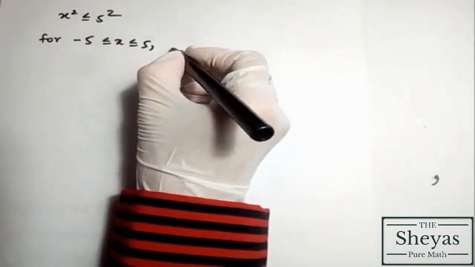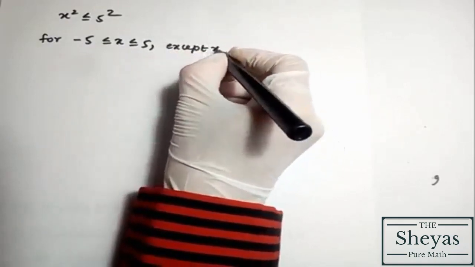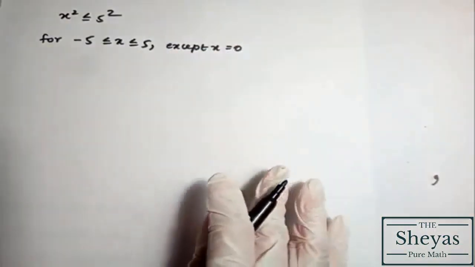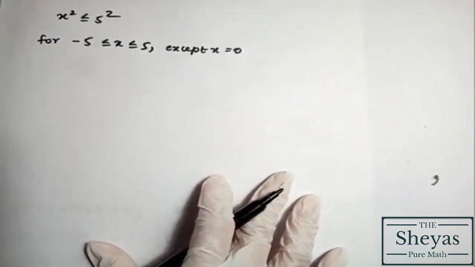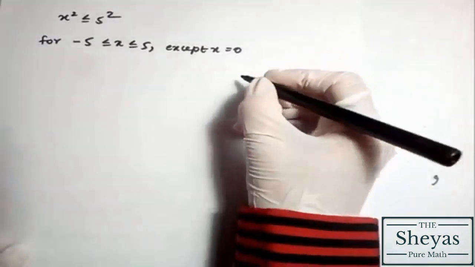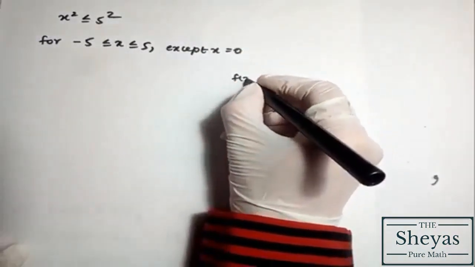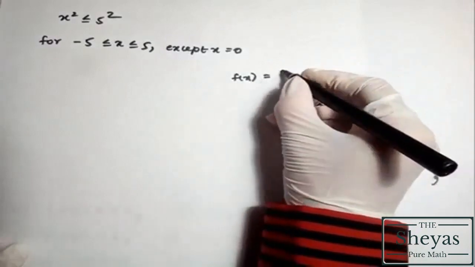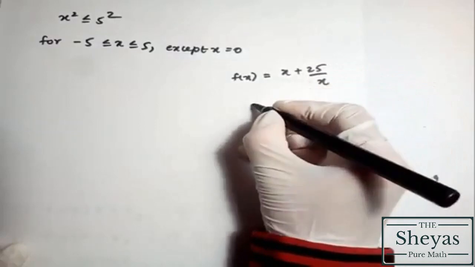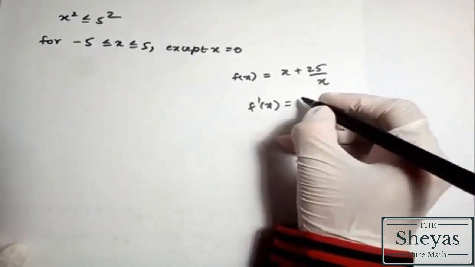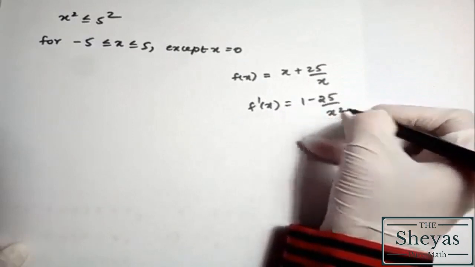is decreasing, but you have one more condition, except x is equal to 0. Why is this x equal to 0 mentioned? Because what is your function? Your function is f of x is equal to x plus 25 by x, and your f dash of x is 1 minus 25 by x square.